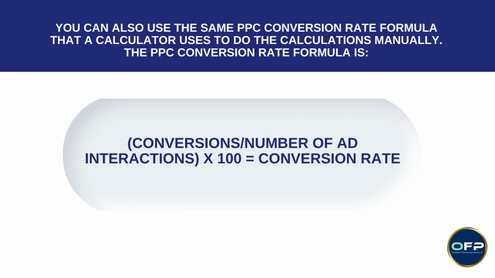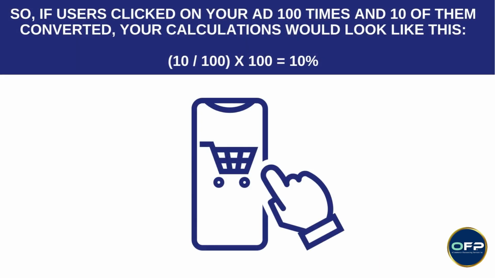The PPC conversion rate formula is conversions divided by the number of ad interactions, times 100, equals conversion rate. So, if users clicked on your ad 100 times and 10 of them converted, your calculations would look like this: 10/100 x 100 equals 10%.